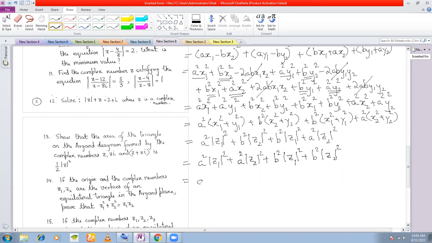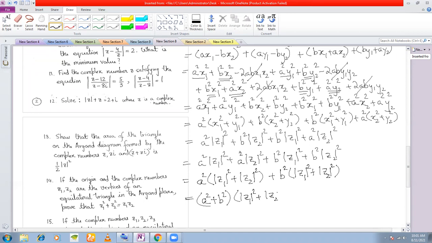Now from the first two you can take a square common to get mod z1 square plus mod z2 square, and from the third and the fourth terms you can take b square common to get mod z1 square plus mod z2 square. Now from these two you can take mod z1 square plus mod z2 square common to get (a square plus b square) into (mod z1 square plus mod z2 square), which is equal to your right hand side.